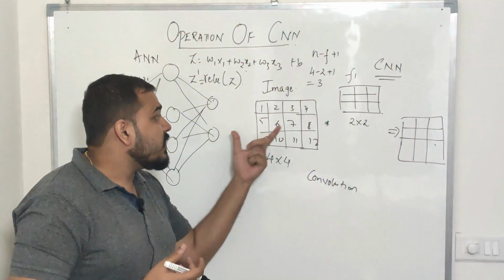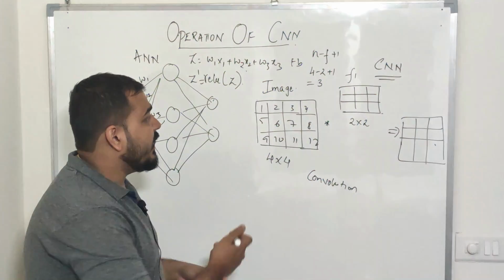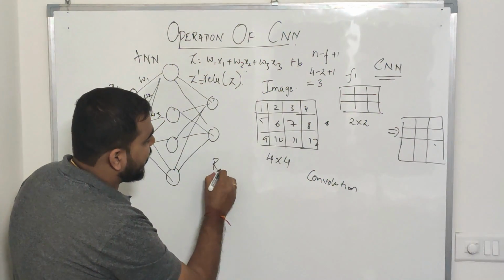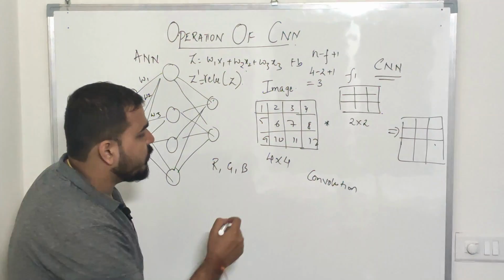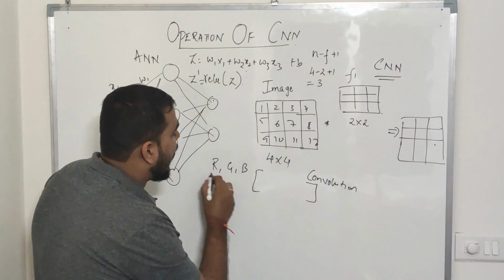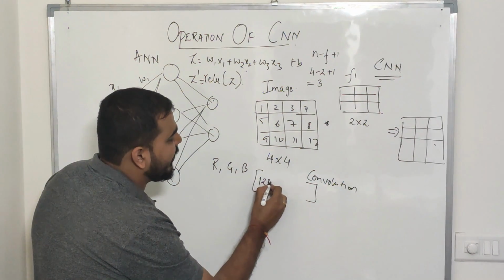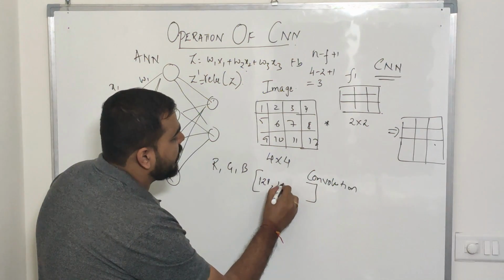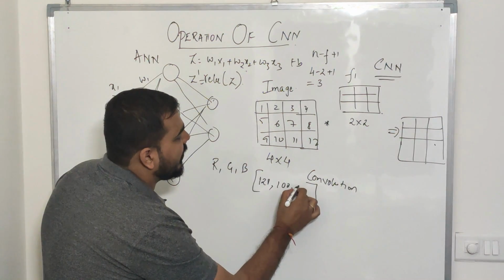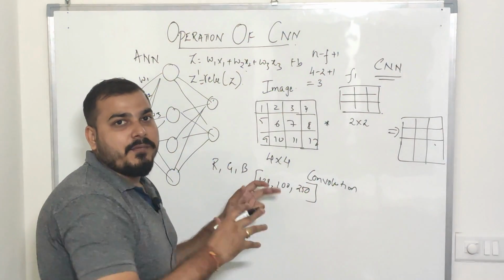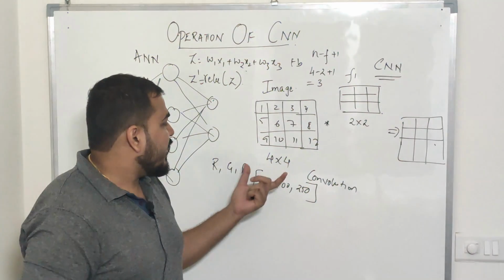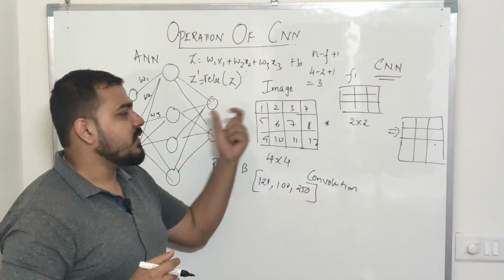If I'm considering this as an RGB image, then it will have 3 channels: R channel, G channel, and B channel, and each field will be represented with the help of 3 values. Suppose the R value is 128, the G value is something like 100, and the blue value is like 250. When all the colors are combined, we get a color image. But in the case of a grayscale image, we'll just have 1 pixel value.